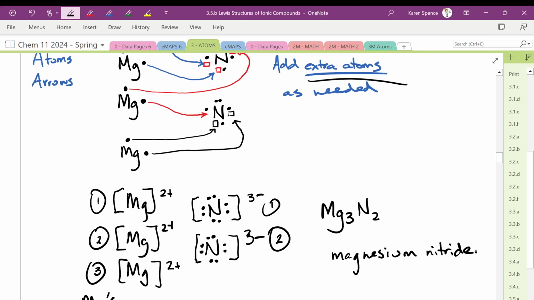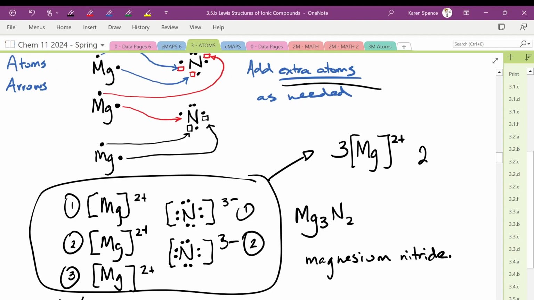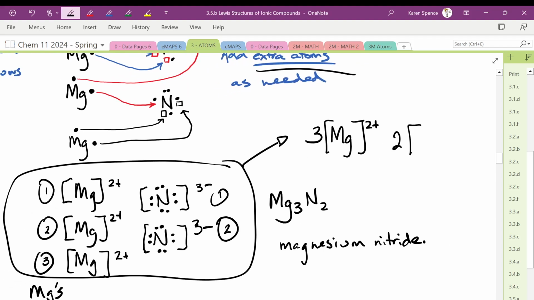Would you like 10 minutes to work on this? Yes. Okay, so you're going to do the examples. Now, just before you go off into this, if you don't want to write out this quite so bigly, I know bigly is not a word, but I'm going to use it as a word. You can instead write 3 Mg 2 plus, and 2 N 3 minus.